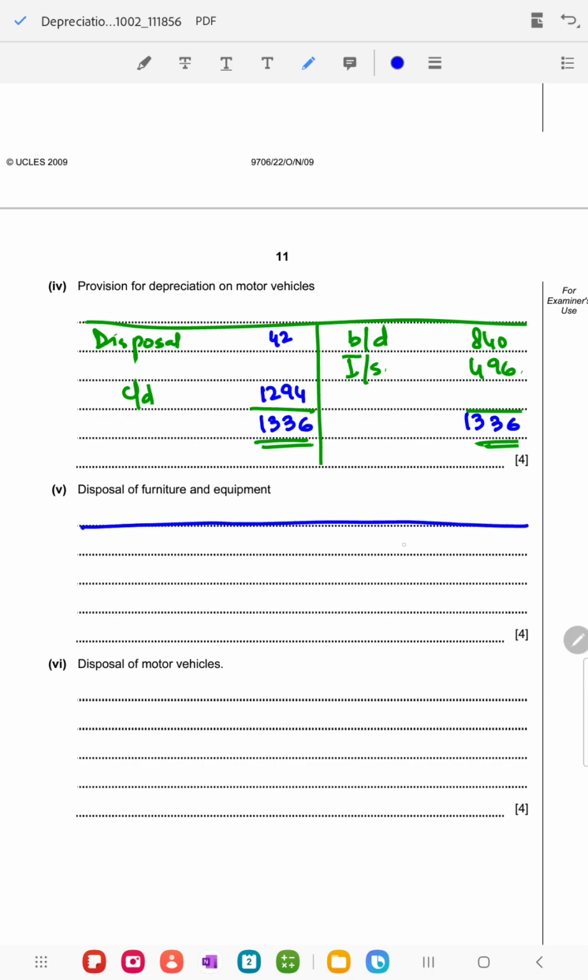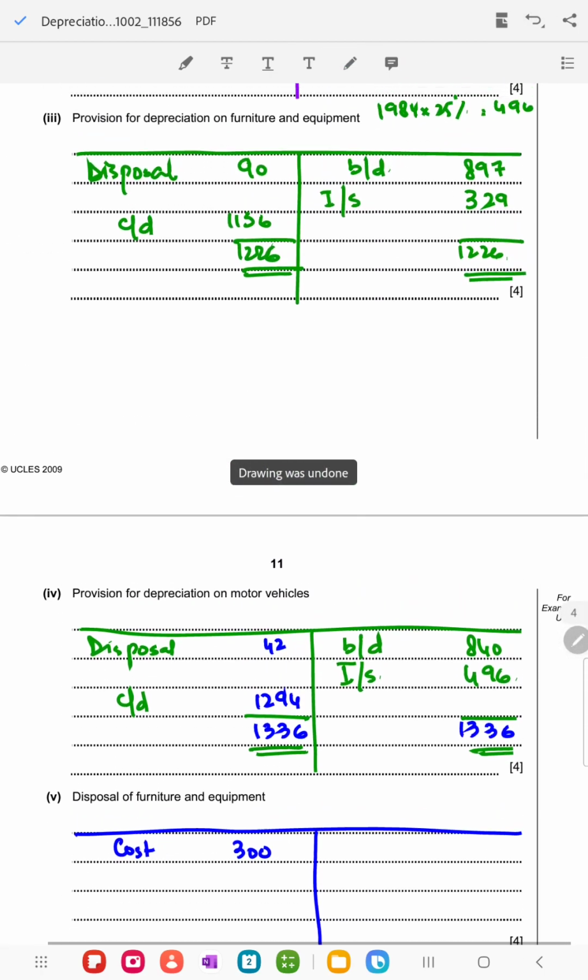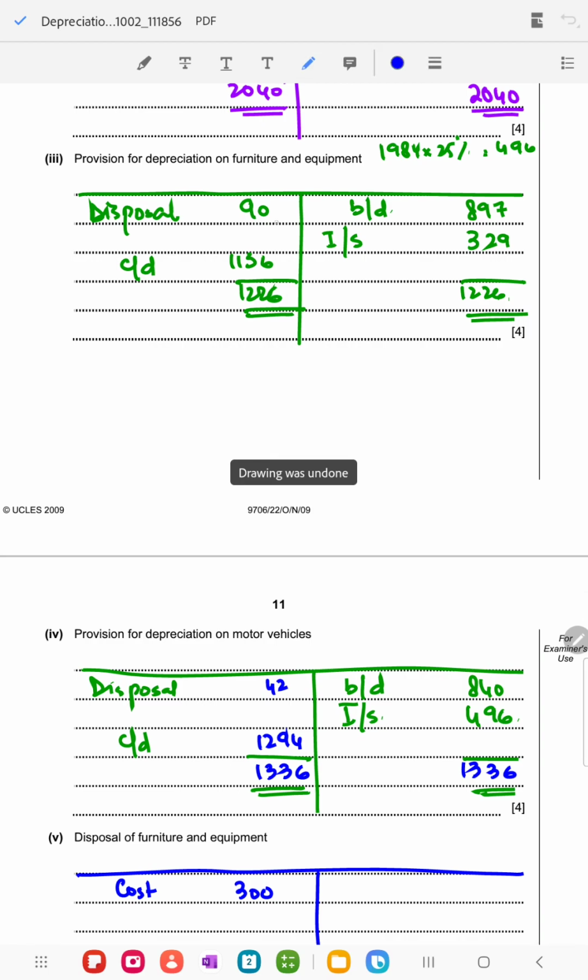For the disposal account, the furniture that was disposed of was for 300. Sorry, again I've written thousands here. The disposal depreciation charged was 90.